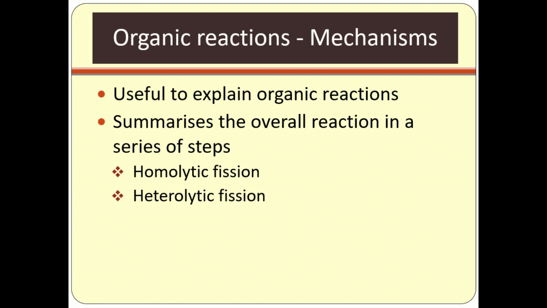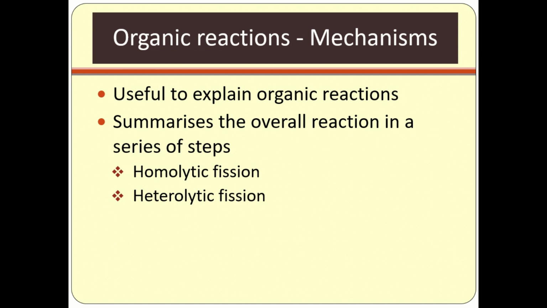A mechanism is a step-by-step, very detailed explanation about what is happening in an organic reaction, including what is attacking an organic molecule to start the reaction, which bond is broken, how is it broken, homolytically or heterolytically. So this is what we are going to talk about on this slide.